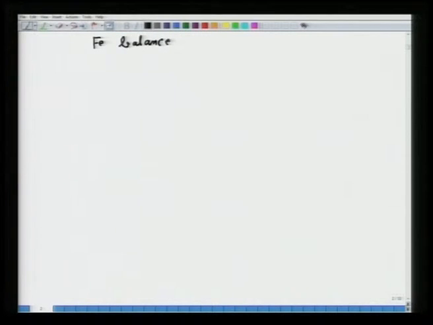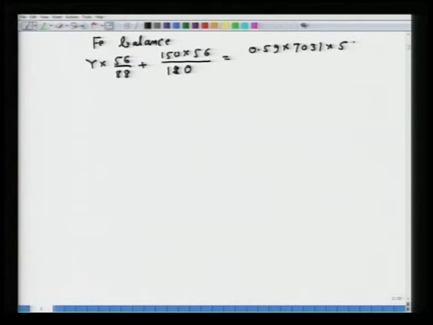So, iron balance: y into 56 upon 88 plus 150 into 56 upon 120, that is equal to 0.59 into 7031 into 56 divided by 72, where y is the kg of FeS of matte.